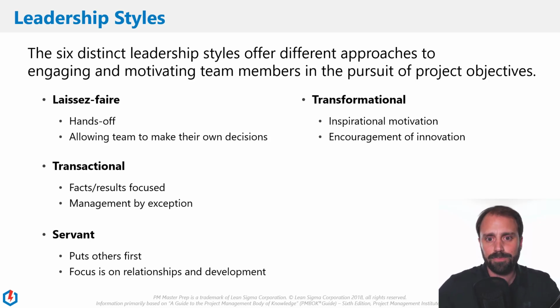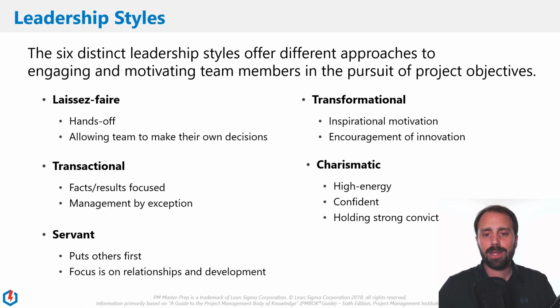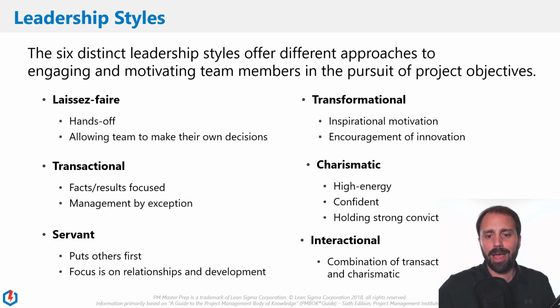So transformational. The next type is charismatic. Charismatic leaders are a lot like transformational, but they're more high energy. They're extremely confident, and they hold strong convictions. So it's a little bit different from transformational, but this charismatic leader is more focused on results. And the next type is interactional.